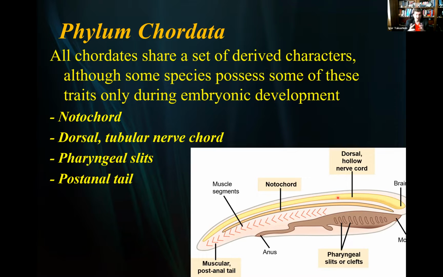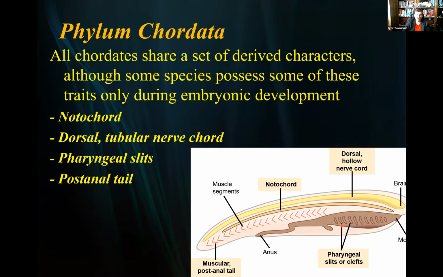That channel is filled with cerebrospinal fluid, and this is how the brain as well as the nerve cord get the nutrients, so to speak. So: presence of the notochord, presence of the dorsal hollow nerve cord.